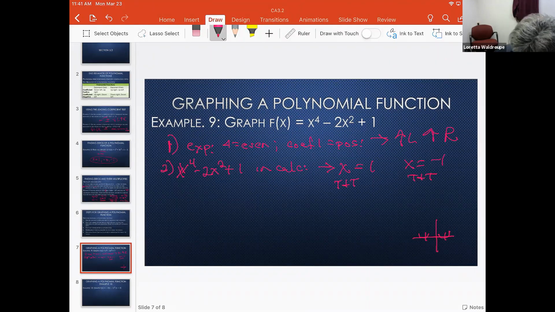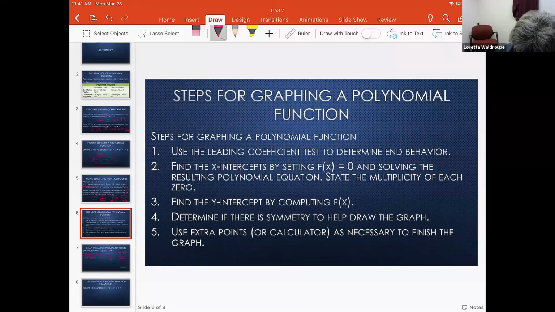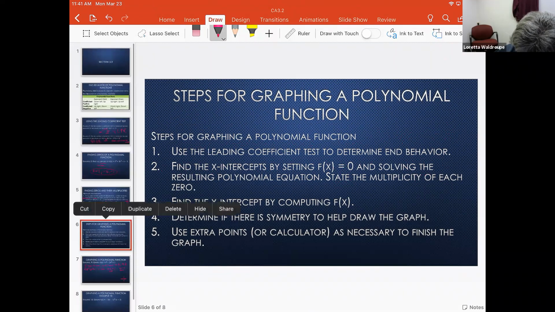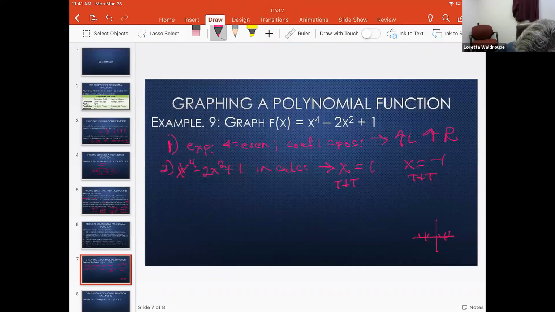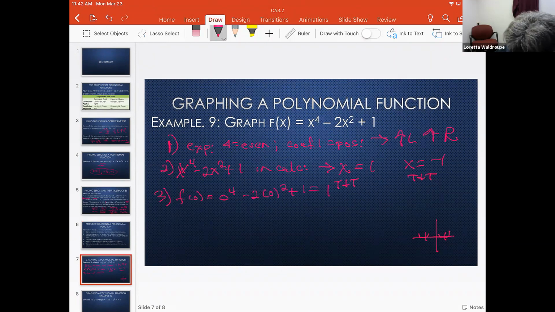So when I go to the next step, find the y-intercept. So f of 0 is 0 to the 4th minus 2 times 0 squared plus 1, which is 1.